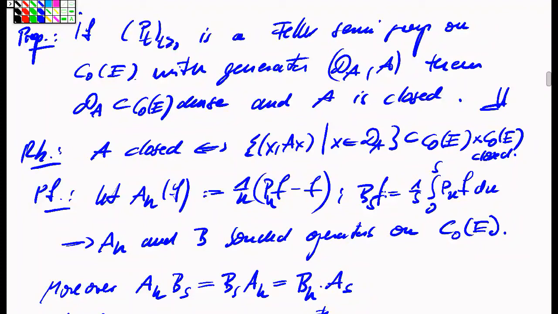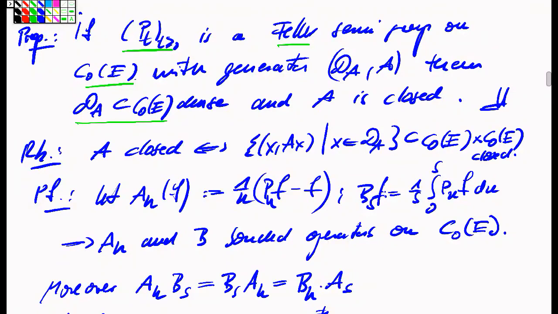The next result is of rather technical nature, and it contains information about the geometry of different sets that come along with the generator of a semigroup. It says the following: if we have a Feller semigroup on the set of continuous functions which vanish at infinity, then the domain of definition of the generator is a dense subset of all continuous functions.